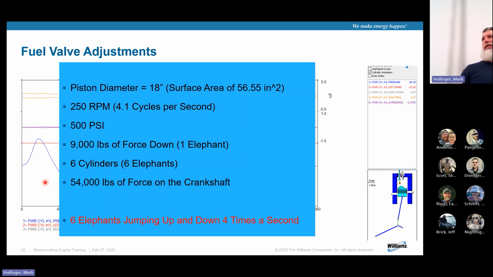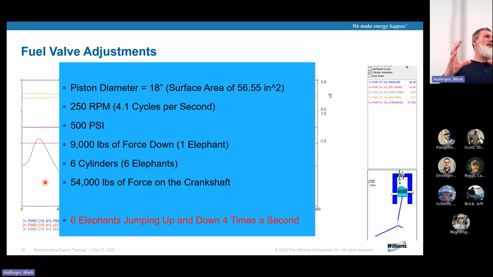And if you have 6 cylinders, that's 900 pounds of force galloping up and down 4 times a second. So that's essentially 6 elephants jumping up and down 4 times a second, and that's happening inside your engine. So hopefully that gives you a good appreciation of the forces involved inside these reciprocating engines.